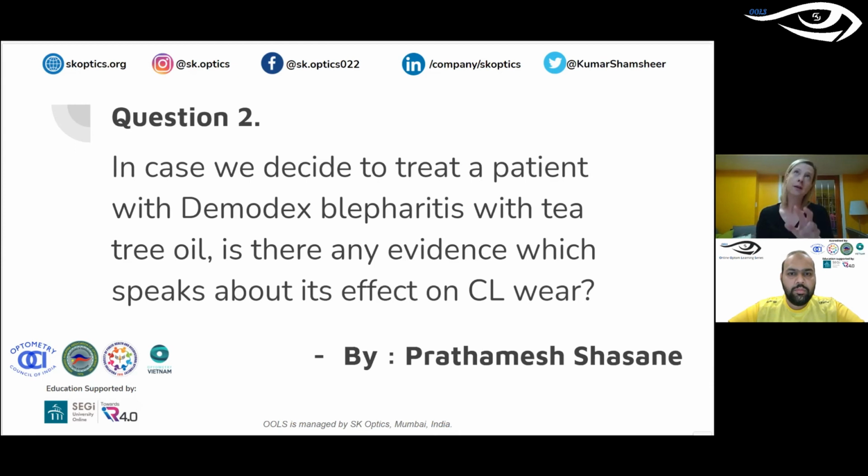Also, contact lens wearers who have dropped out of wear have been shown to have Demodex more often compared to happy asymptomatic contact lens wearers who carried on. About 10% of those had Demodex. Of the dropout group that was looked at, this was Isabella Jalbert and Tarkowski's work, these two papers, 90% of the dropouts had Demodex. So it's literally a complete reversal. There's definitely a link between the two. And if you see Demodex in a contact lens wearer, absolutely, I would treat it.